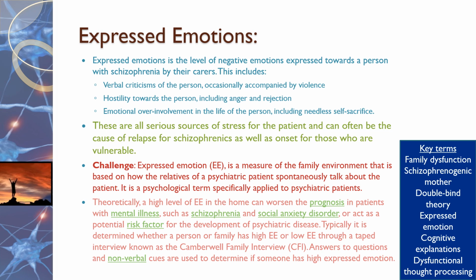Expressed emotion, or EE, is a measure of the family environment based on how relatives of psychiatric patients spontaneously talk about the patient. It's a psychological term specifically applied to psychiatric patients. Theoretically, a high level of EE in the home can worsen the prognosis in patients with mental illness such as schizophrenia and social anxiety disorder, or act as a potential risk factor in the development of the psychiatric disease. Typically, whether a family has high or low EE is determined through a taped interview known as the Camberwell Family Interview, the CFI.